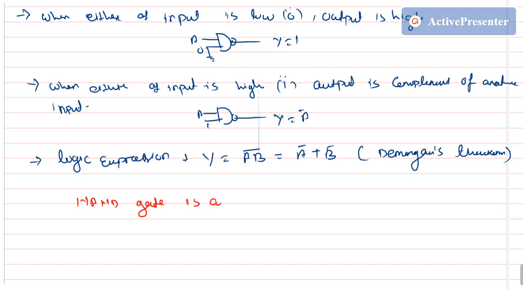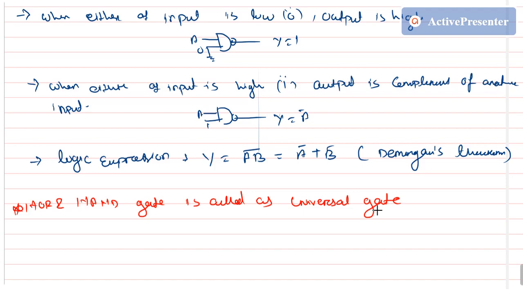It's called the universal gate. So NOR and NAND gate both are called universal gates, and we will be discussing this in the next class. So wait for the next class video.